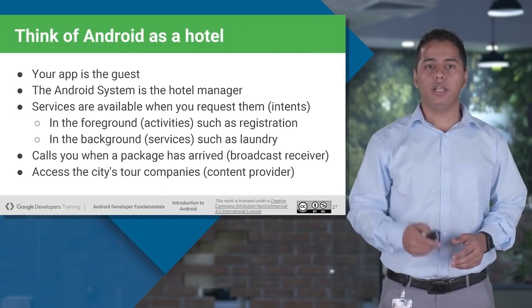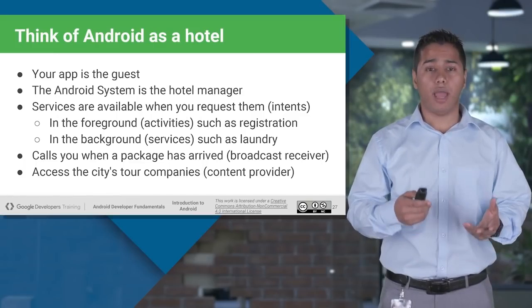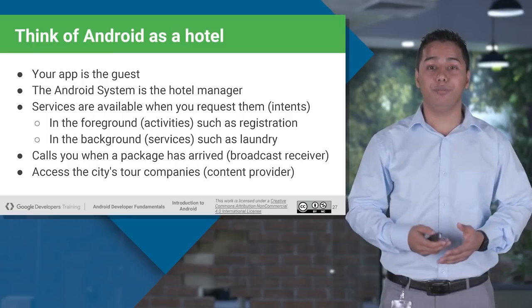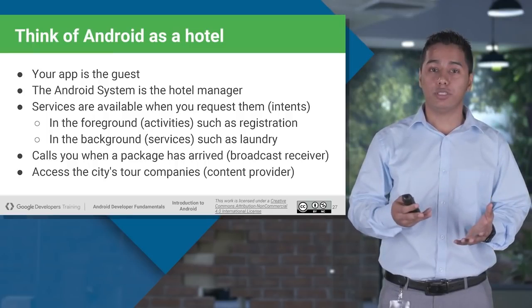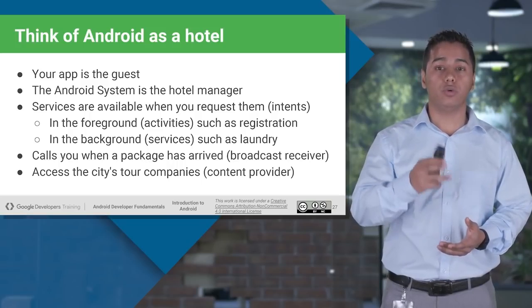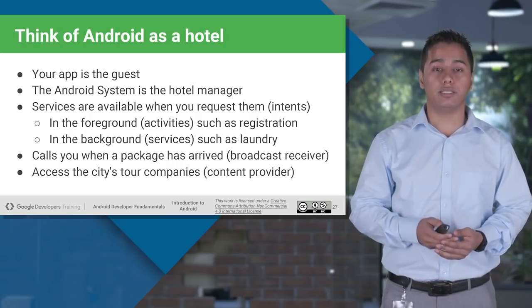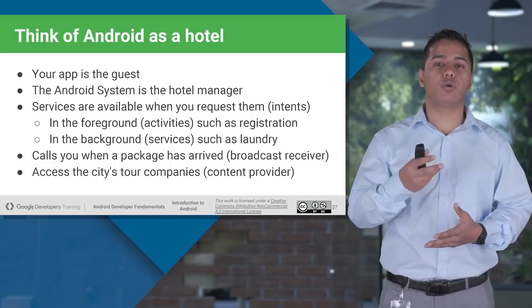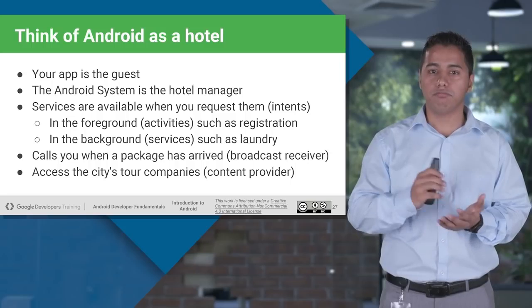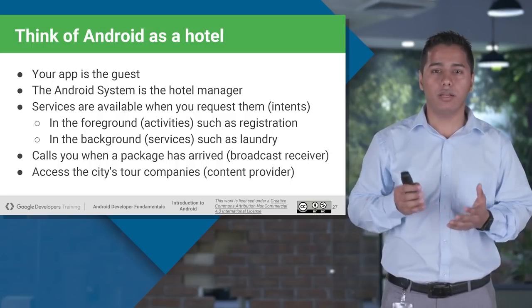You can think of Android as a hotel. Your app is your guest. Your Android system is your hotel manager. There are certain services which you request, and you can invoke them with the help of intents, which we are going to go through in further slides. There are services which require your presence. For example, hotel registration requires your presence.